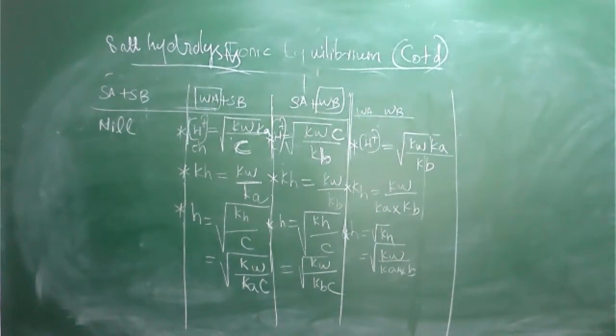Same procedure you can follow, it becomes time consuming. We want this much formula for calculation. That's why I neglected the derivation of weak acid, weak base. You can do it at home. Take a weak acid, HCOOH, plus a weak base, ammonium hydroxide. Then exchange everything. You will get the H plus ion concentration and respectively the pH.